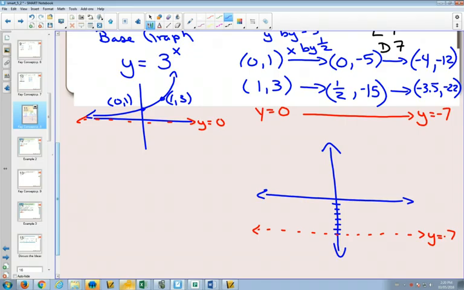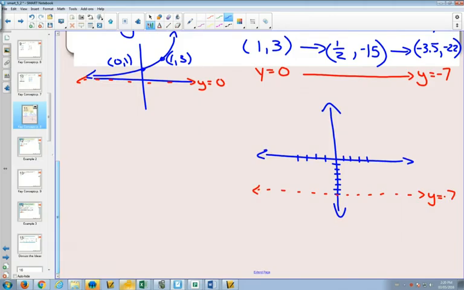Then we're going to label the 2 points that we found: negative 4, negative 12, and negative 3.5, negative 22.